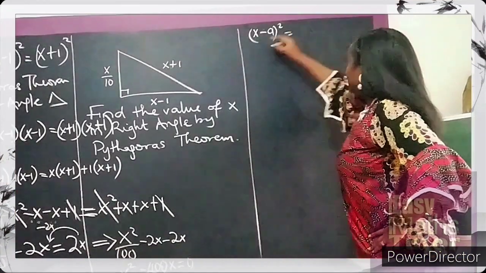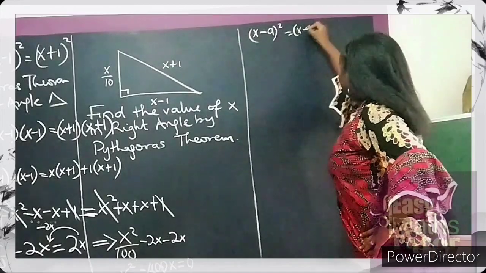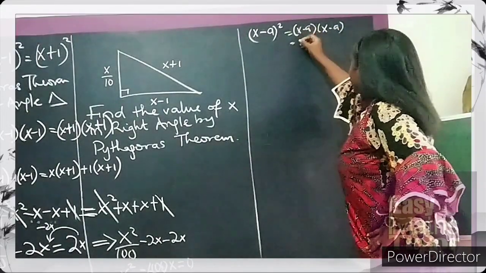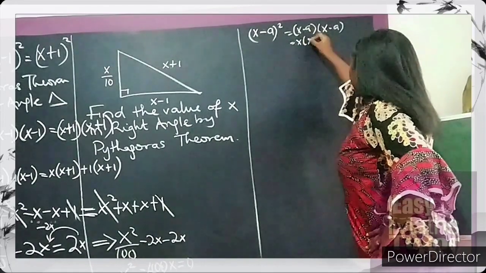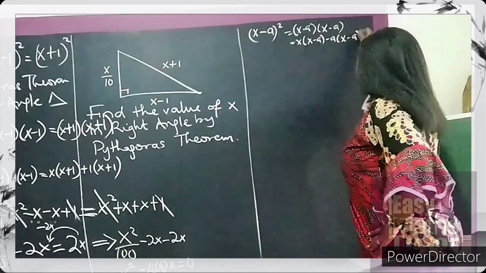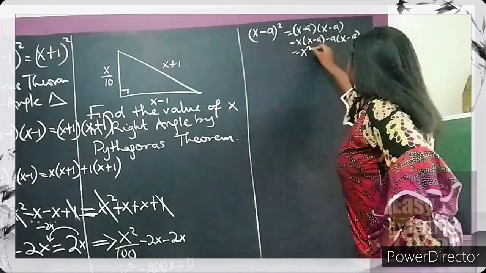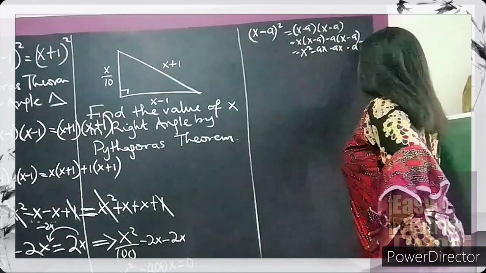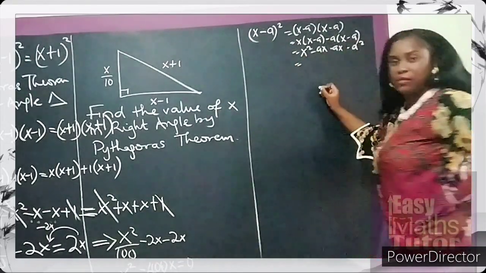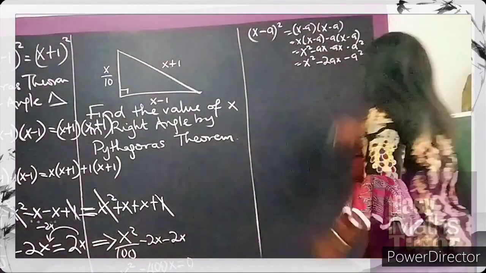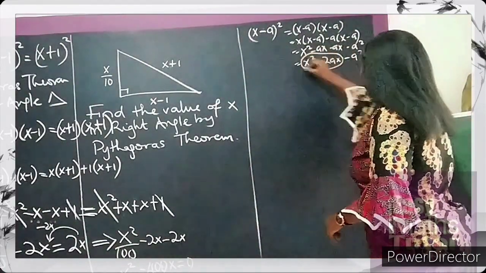Now look at this function. Let's expand it. X minus a, x minus a. Expand it, giving us x squared minus 2ax plus a squared, right? So this is what I'm trying to achieve.